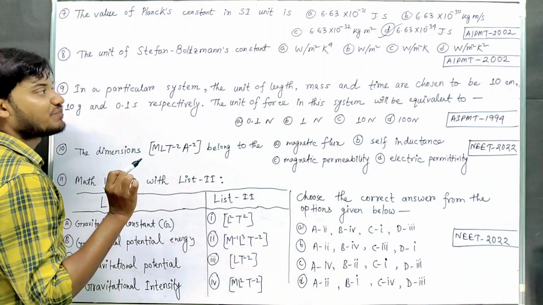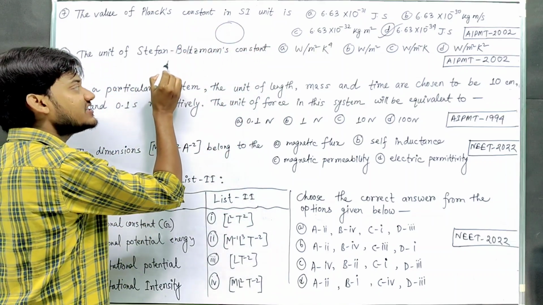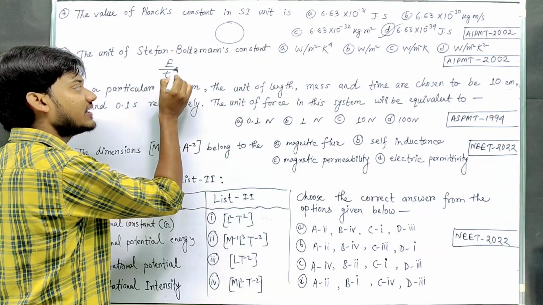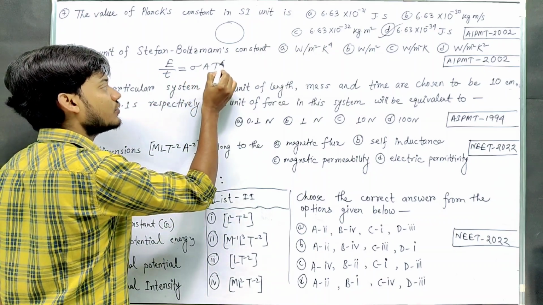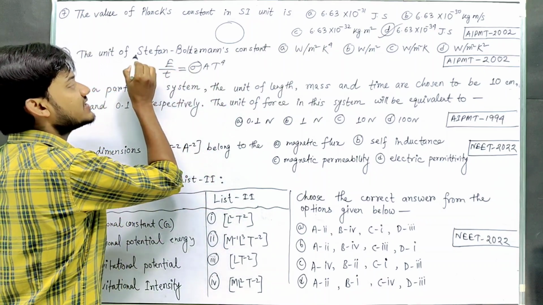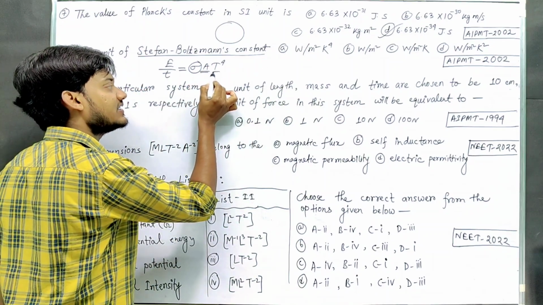We know from a black body, energy radiated per second equals sigma A T to the power 4, where sigma is the Stefan Boltzmann constant, A is area, T is temperature.